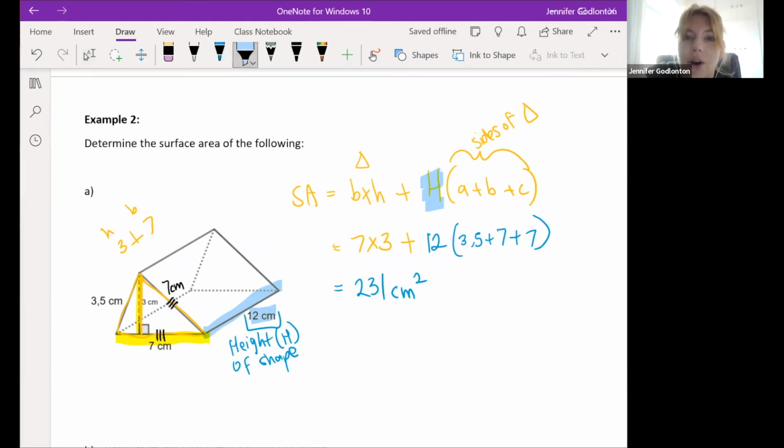We've got this triangle over here, and then we've got this back triangle over here. So over here, let's write half base times height, times 2, and those halves and 2s cancel each other out, and they just become 1. Okay, thank you, ma'am.